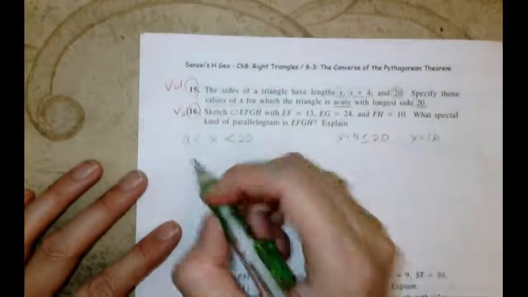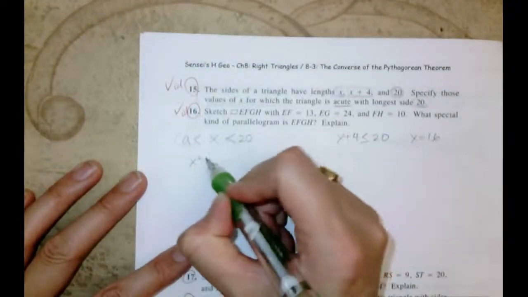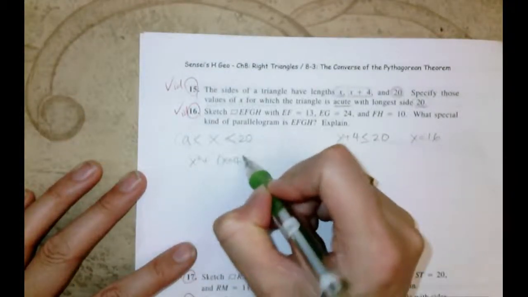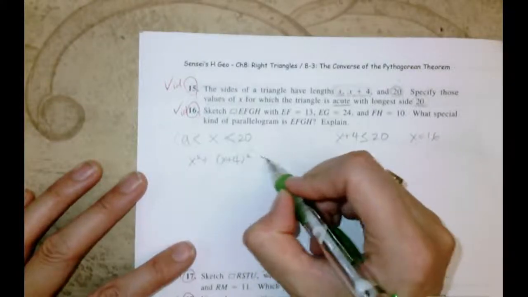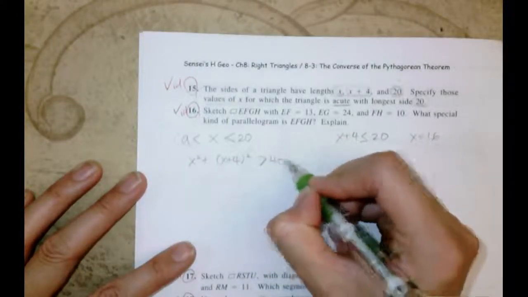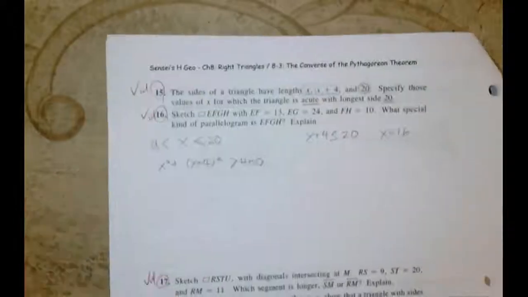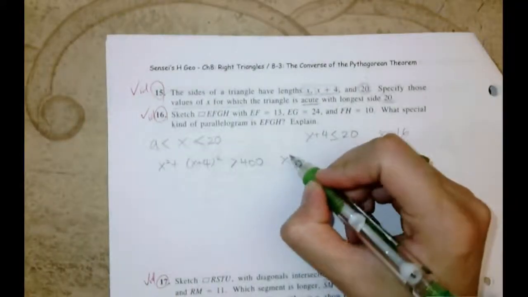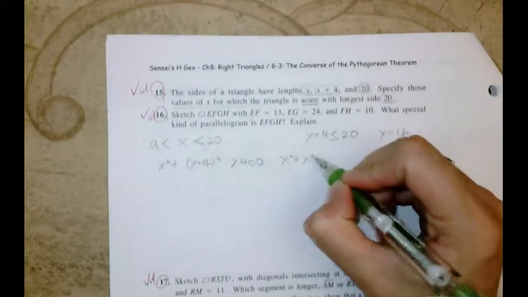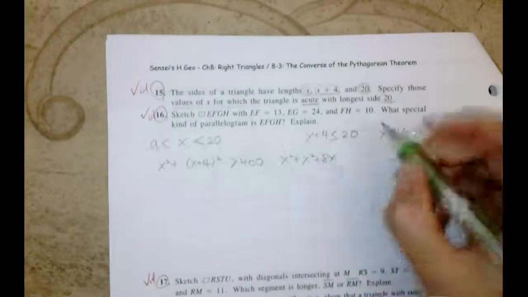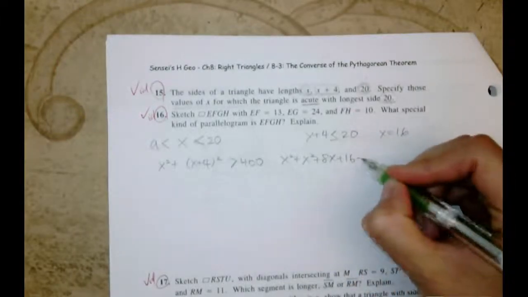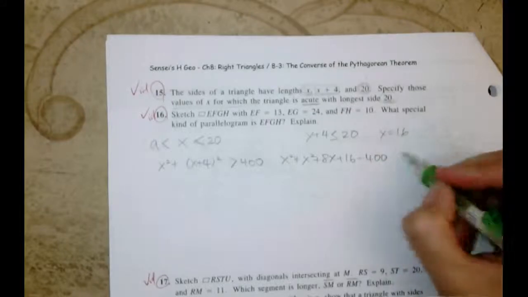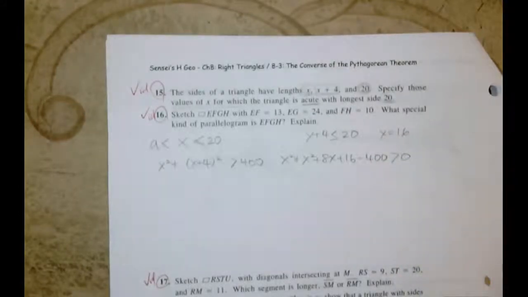Okay, so now we have to look for x squared plus x plus 4 squared to be greater than 400 for it to be acute. So that means x squared plus x squared plus 8x plus 16 minus 400 has to be greater than 0.